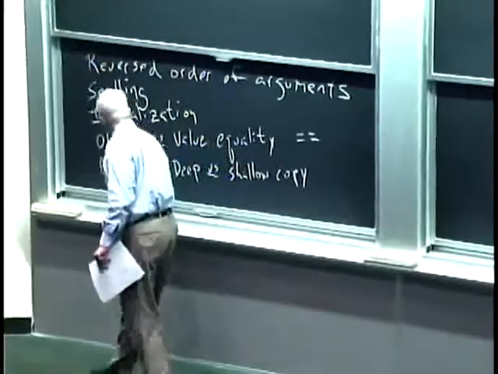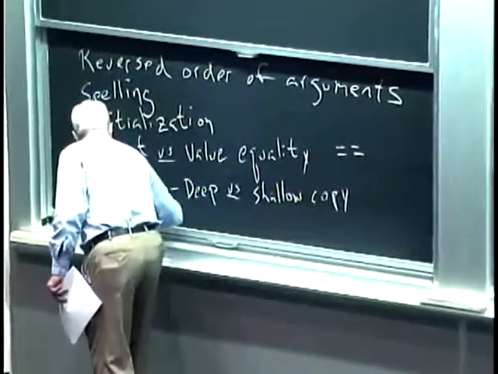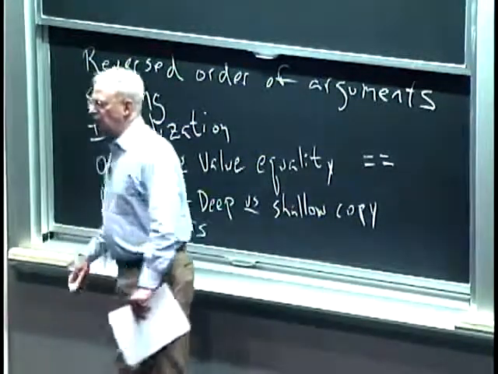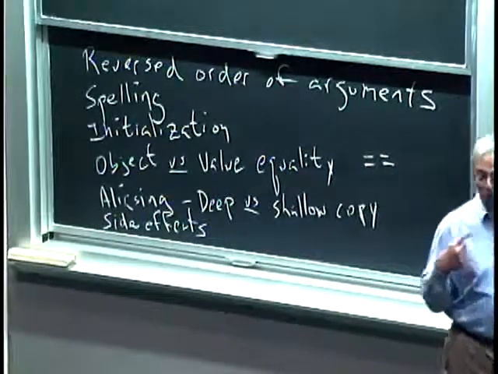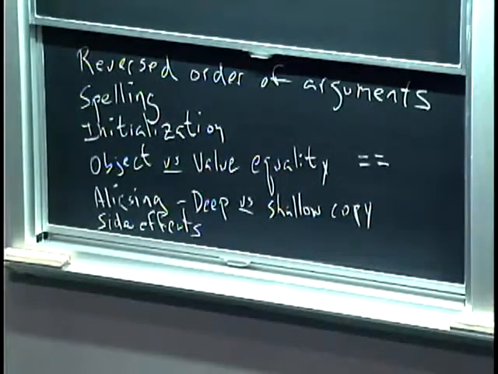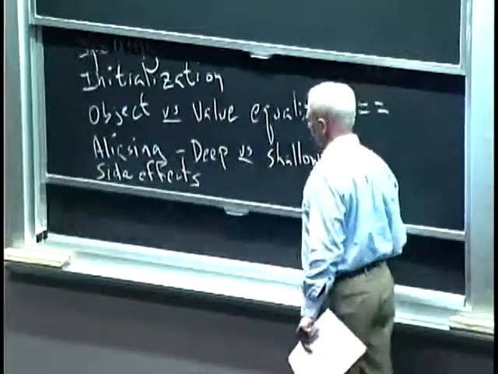And again, a related problem that people run into is side effects. You call a function and it returns a value, but maybe it, on purpose or by accident, modifies one of the actual parameters. So you can each make a list of things.